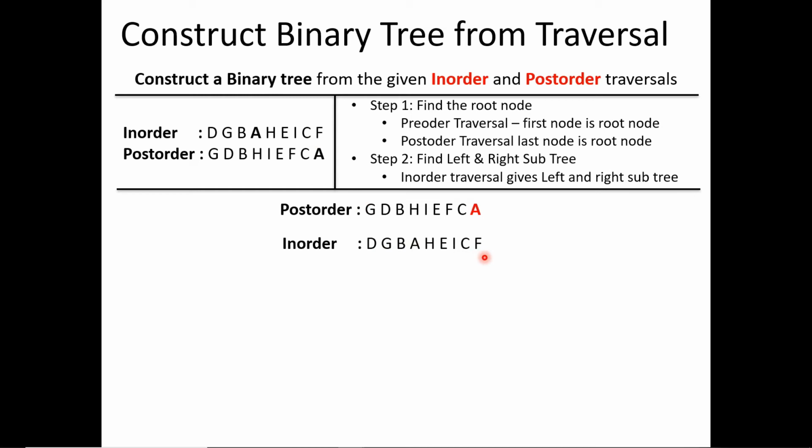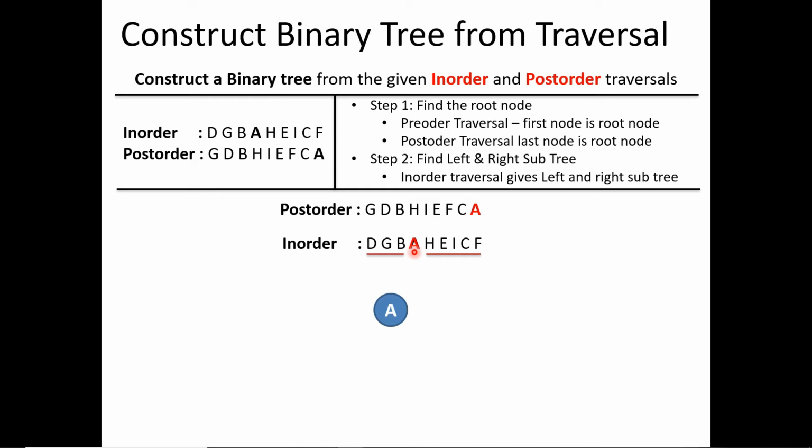Now from this A becomes a root node, so we have to find A in order. So now A becomes root, and this left part of A becomes left subtree, and this right part of in order becomes a right subtree.